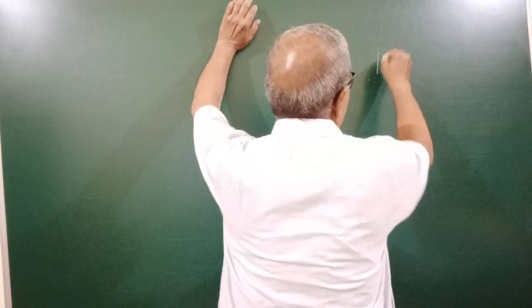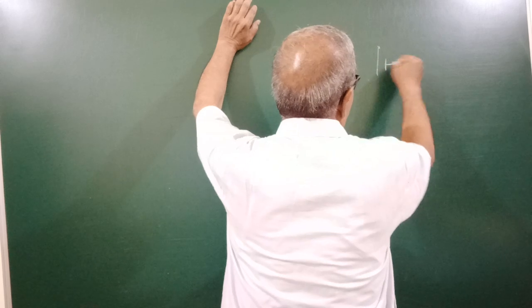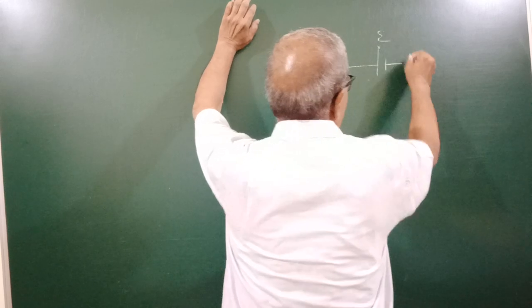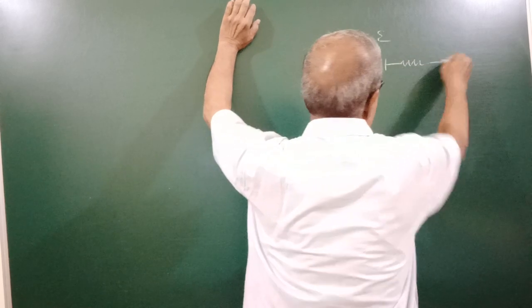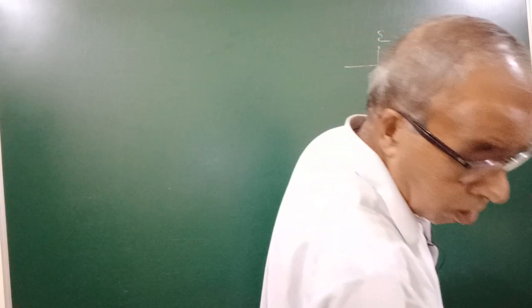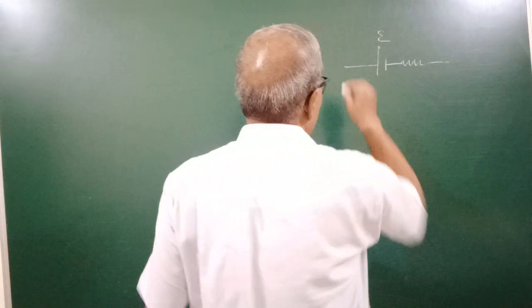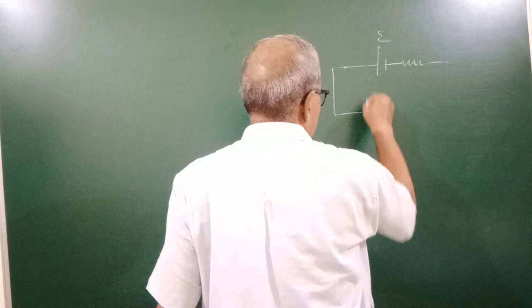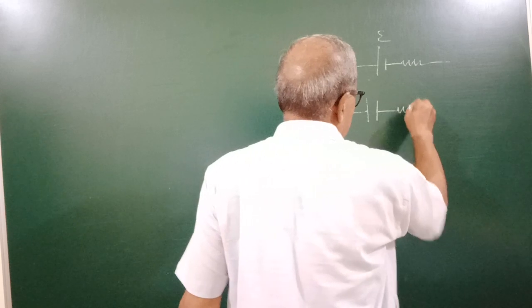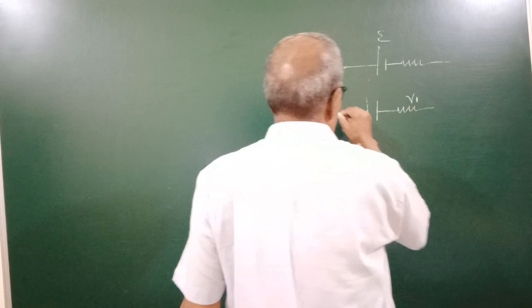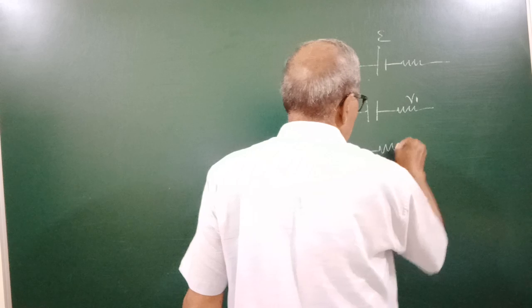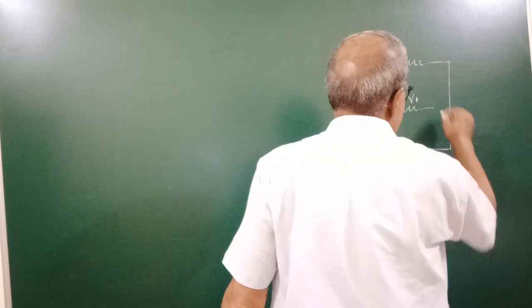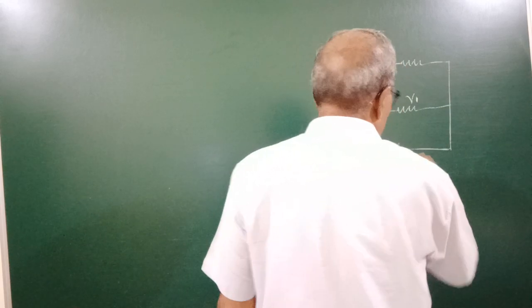So here there is another diagram. The battery of E, internal resistance R. This is R, and here is a capacitor, and resistance R1, and this is R2.